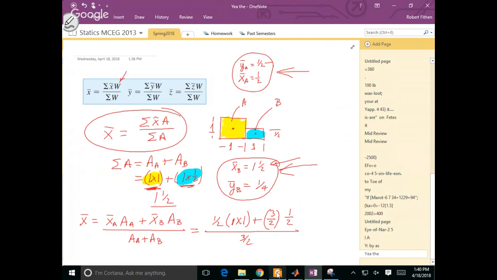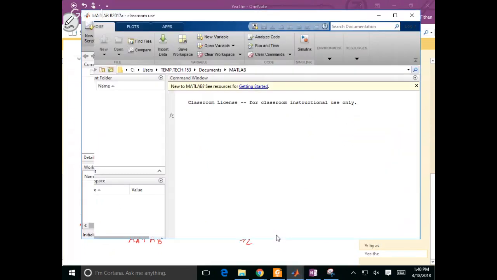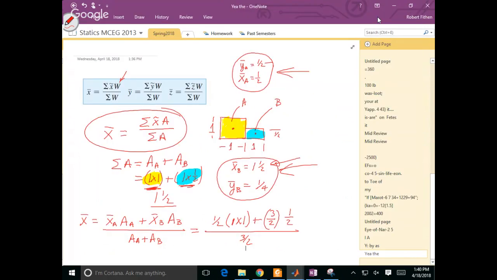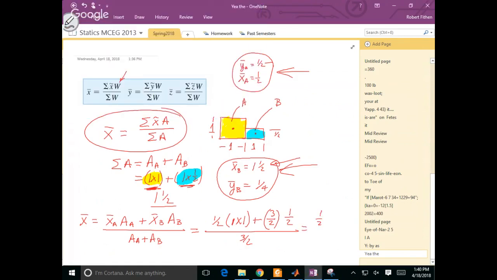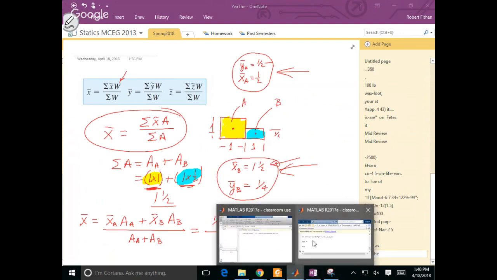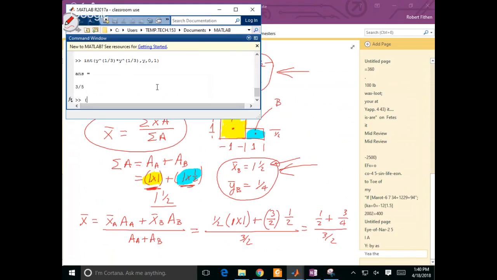So the top would be 1/2 from this plus, am I seeing that right, 3/4 from that, and then 3/2, and divided by 8.33.